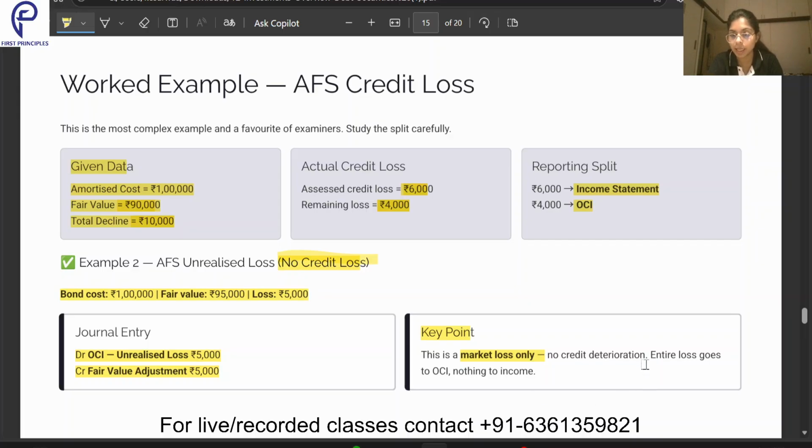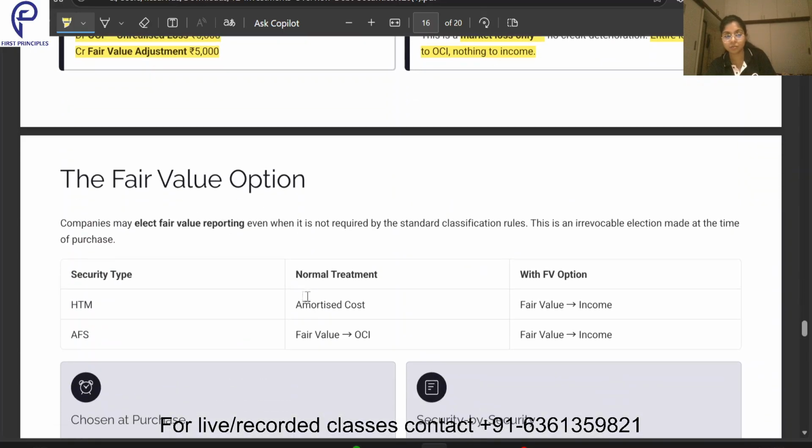So the entire loss will be recorded in my OCI and nothing to my income statement. Why? Because we will record only the credit loss. What is credit loss? That means there could be a chance that the person who has issued this security is not going to pay me back. And in the case of this example, when we have this 5,000 of loss, this is the decline in the fair value. This is not because of the credit loss.